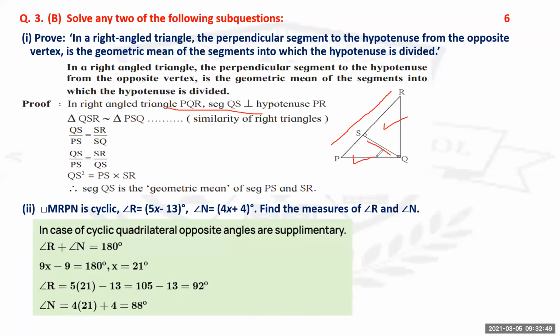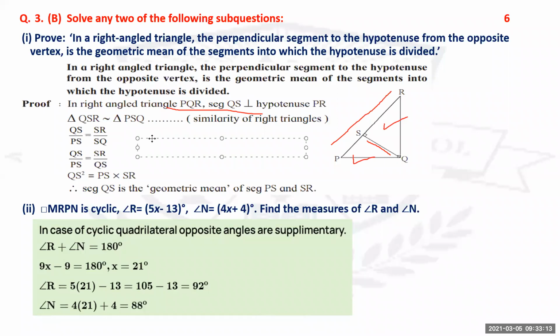This is by the similarity of right angle triangles. So when the triangles are similar, the corresponding sides are in proportion. Understand? So you get QS upon PS equals SR upon SQ.